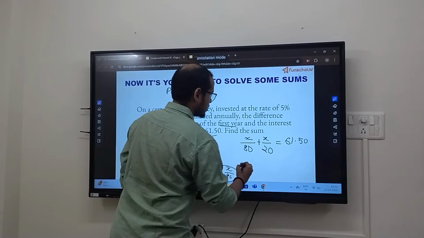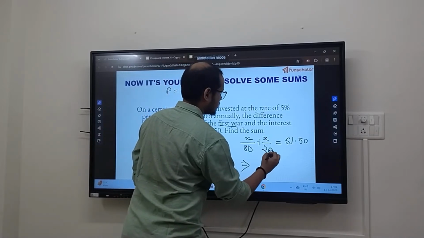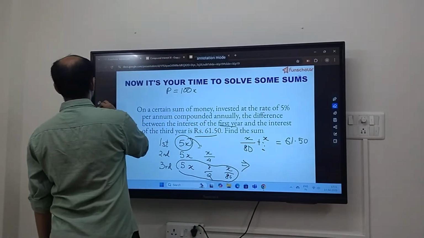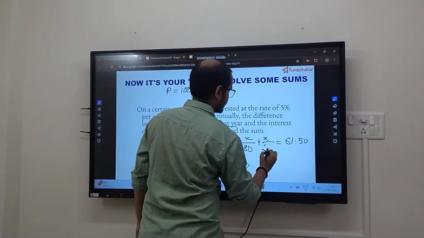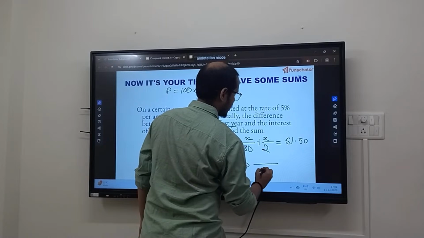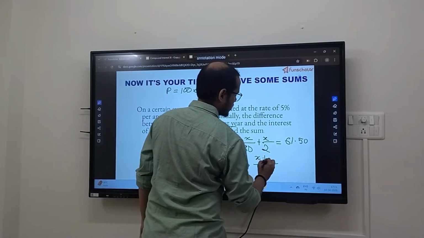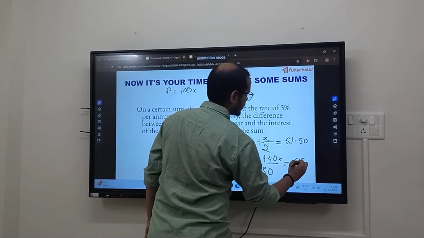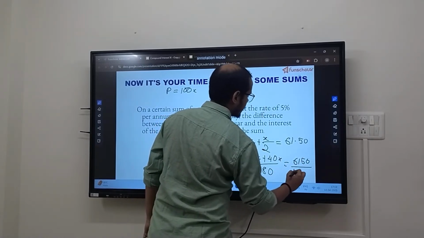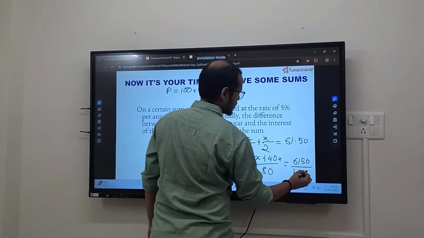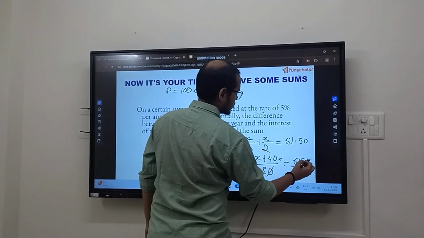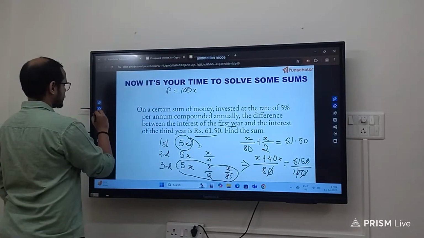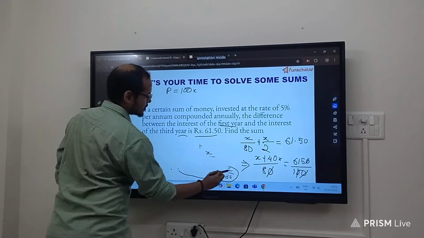Let us solve this particular portion. So 40x is equal to 6150 by 100. Let me rub this and try to solve this here.